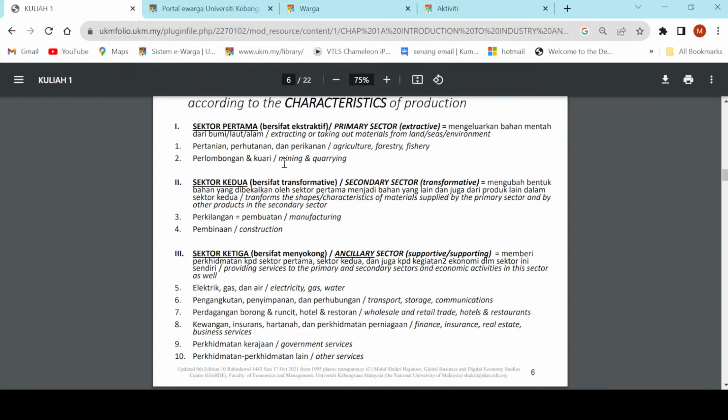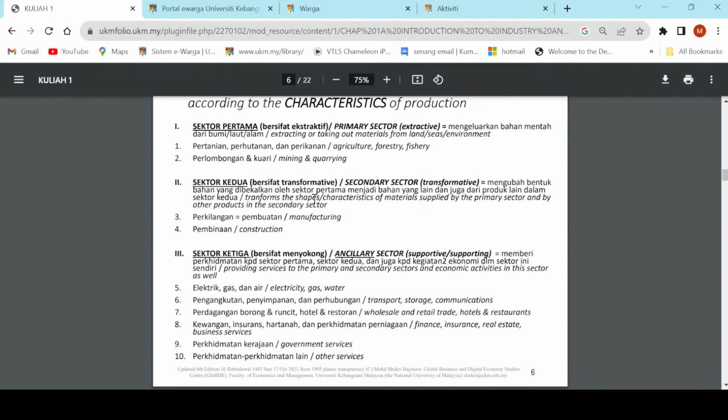In this secondary sector, the characteristic of production is transformative because it transforms the shape, the material, and the characteristics of the materials that come from the primary sector, changing it to another type of material. And that gives the name secondary sector.